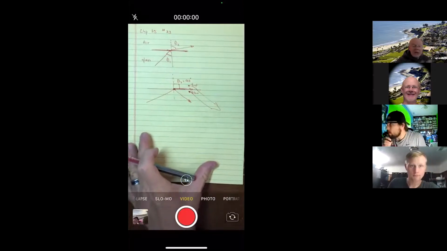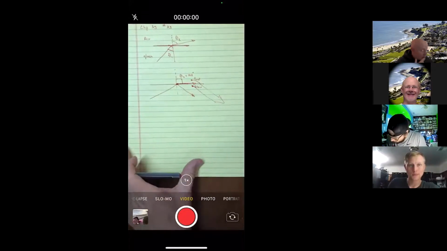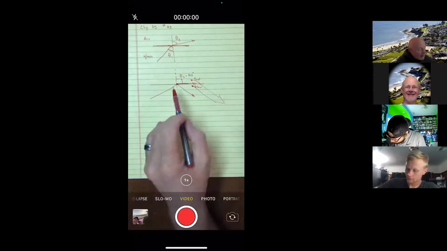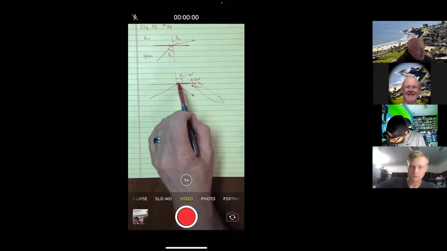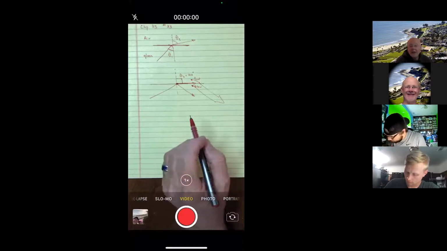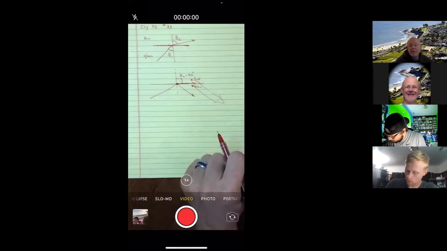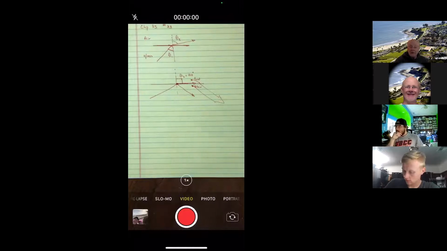I think one of the things that confuses students when they're working with critical angles is we talk about the refracted beam at 90 degrees, but then we draw it as a reflection. They're like, wait, is it going at 90 degrees or is it being reflected? It's a little bit of both.